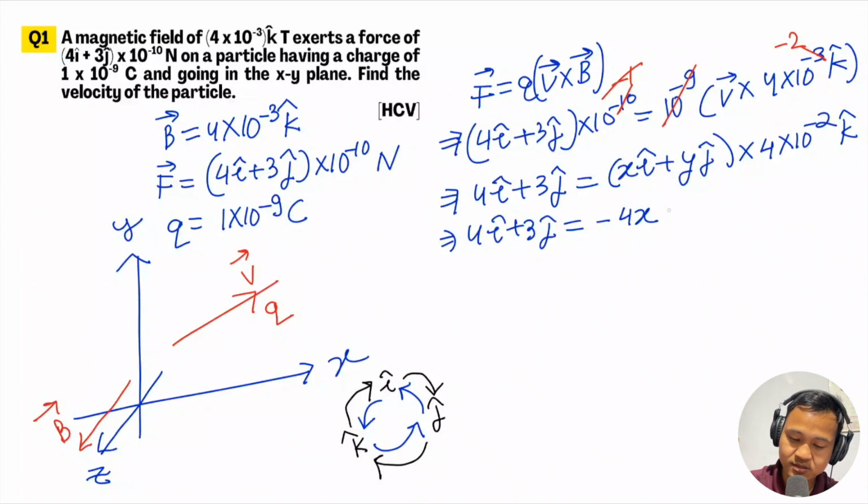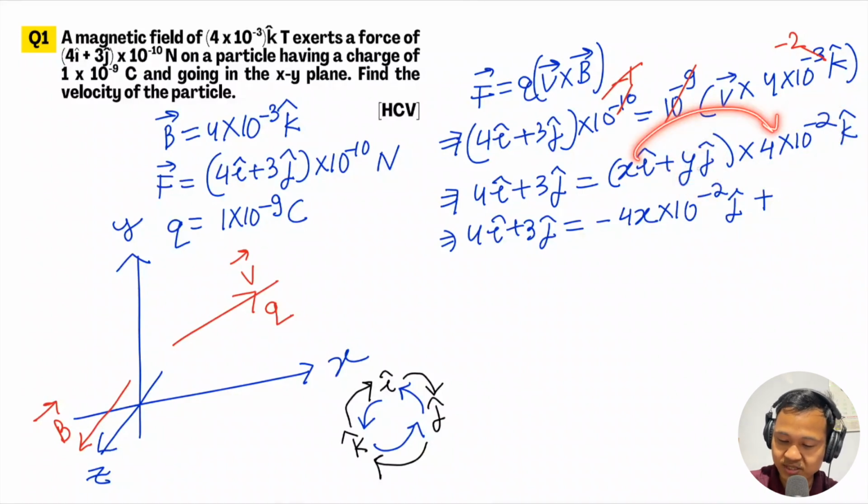4x into 10 power minus 2 z cap. So plus z cross k is I, so we multiply these. If you open the bracket, we multiply them: 4y into z cross k is plus I. So 4y into 10 power minus 2 I cap.